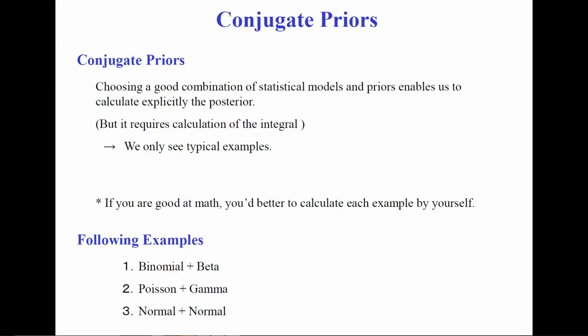Here we only see typical examples of conjugate priors. And if you are good at math, it's better to calculate each example by yourself. It is a very good exercise. Now, in the next slides, we have 3 examples of conjugate priors.